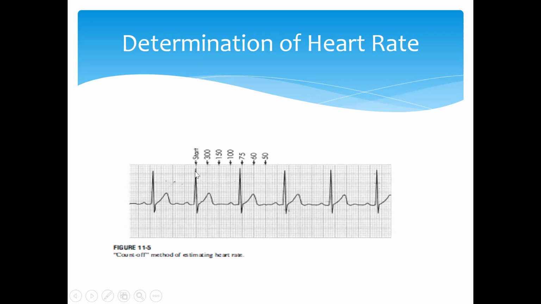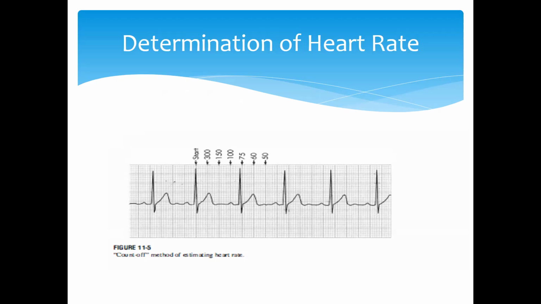This is one R wave, this is another R wave. So counting the distance between two R waves is used to calculate the heart rate. We can see here the R wave is on a large box, and then we count on which large box the next R is.